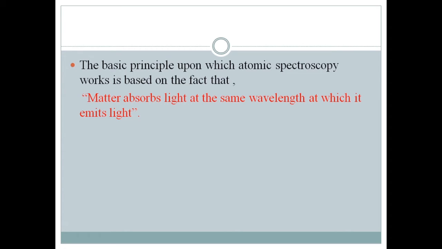The basic principle upon which atomic spectroscopy works is the fact that matter absorbs light at the same wavelength at which it emits light.